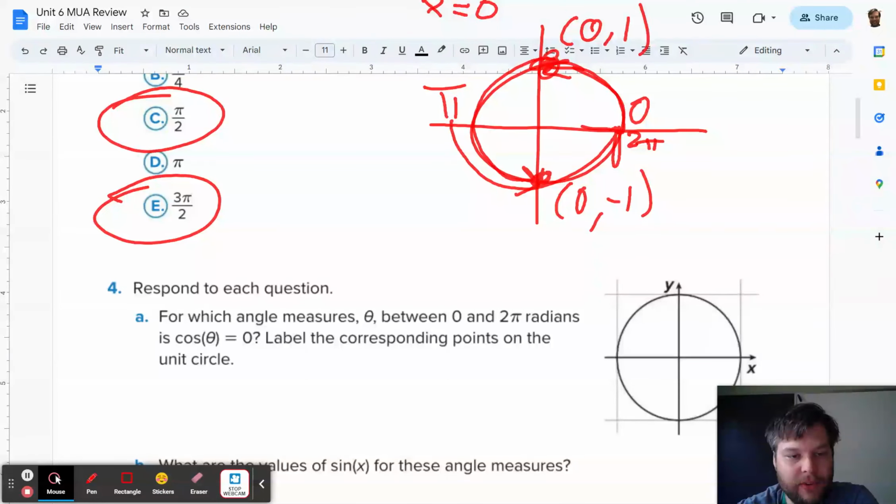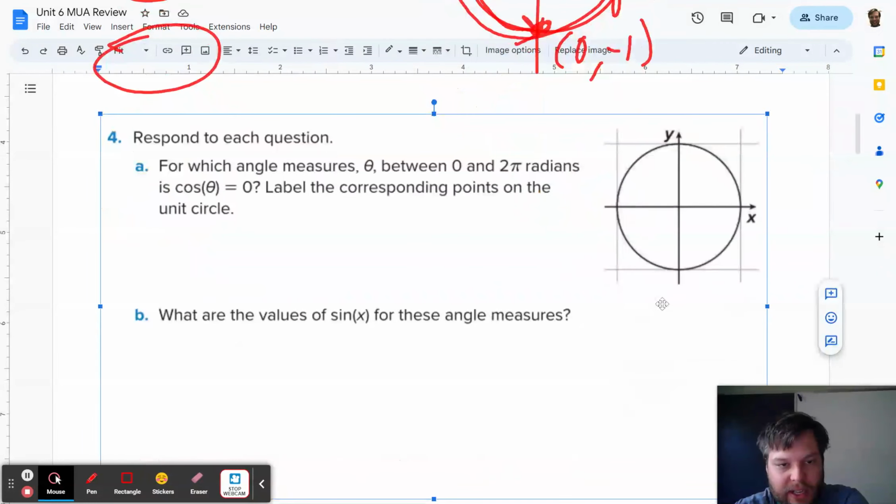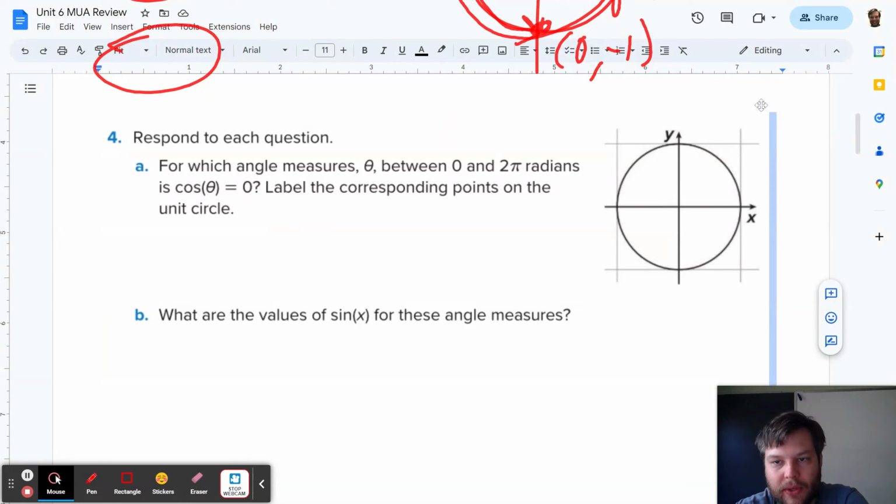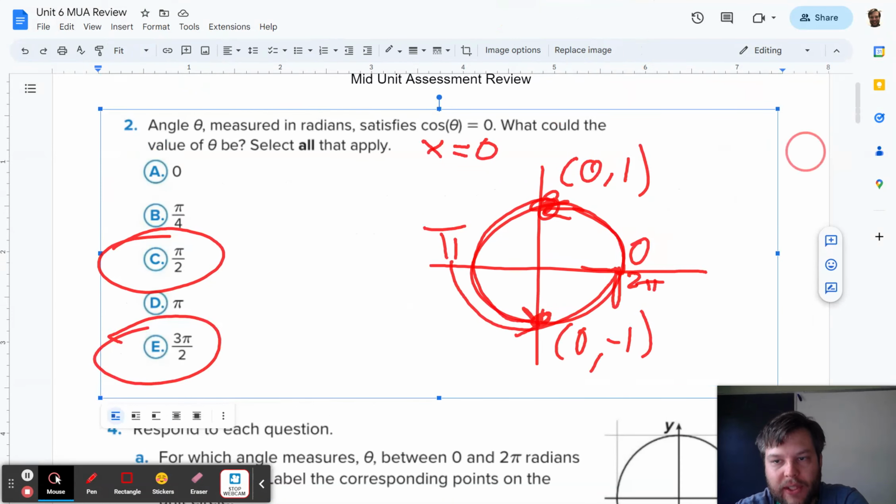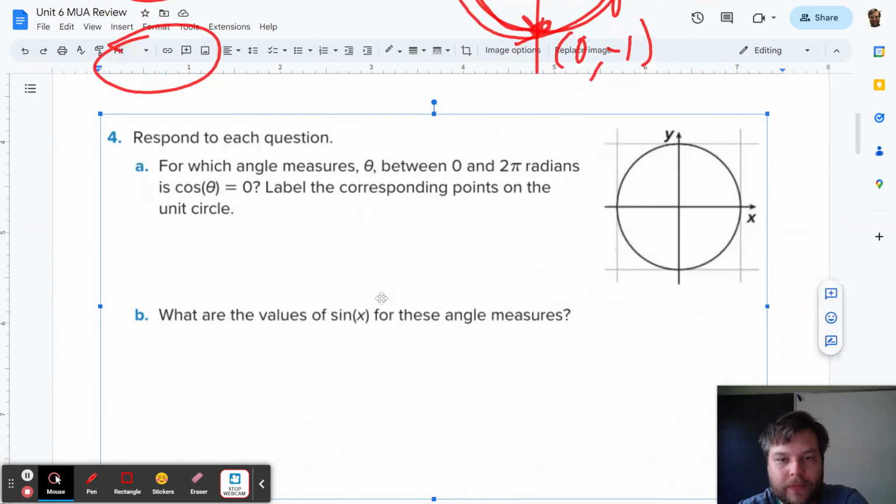For the next one, it says, for which angle measures theta is cosine of theta equals 0. So we just talked about that. Cosine equals 0 means we're either at the top of the circle or at the bottom of the circle. So we're either at theta equals pi over 2 or theta equals 3 pi over 2. Now, what are the values of sine of x?